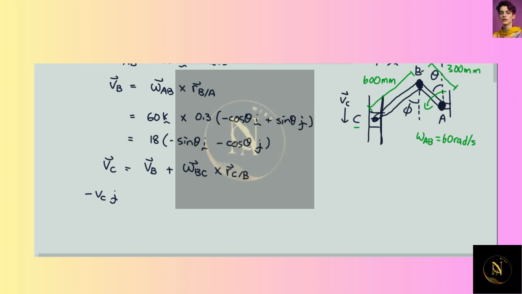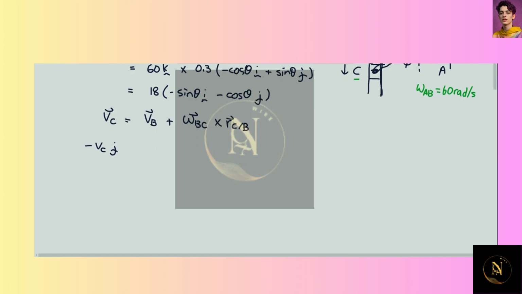So the vC vector will be minus vC j, and then vB will just be what we obtained before, 18 times minus sine theta i minus cosine theta j. And then omega BC will just be omega BC in the k direction cross the position vector of C relative to B, which is 0.6 times minus cosine phi i minus sine phi j.